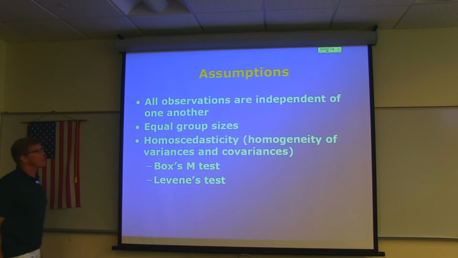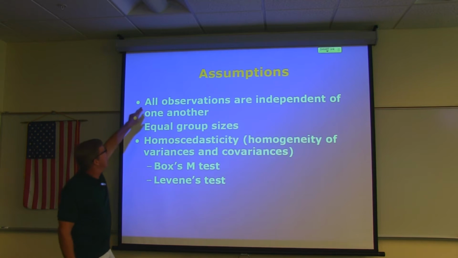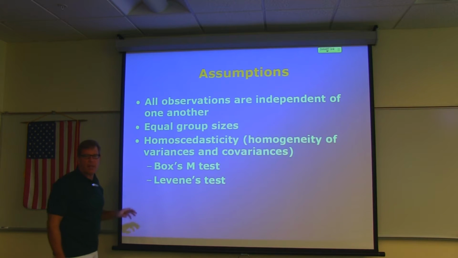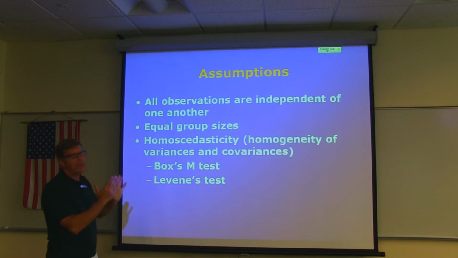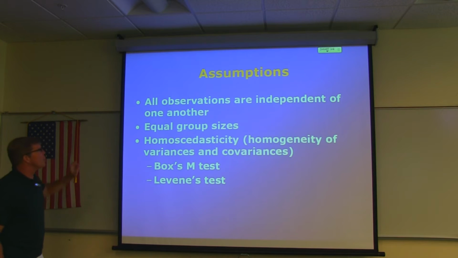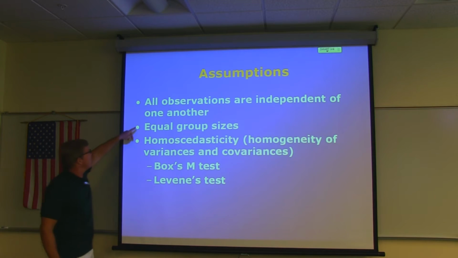And again, we have assumptions. We have that independence assumption, just like we had in the 2 independent sample t-test and the one-way ANOVA. Our groups are all independent of each other. It assumes equal group sizes, but that doesn't necessarily have to be the case.